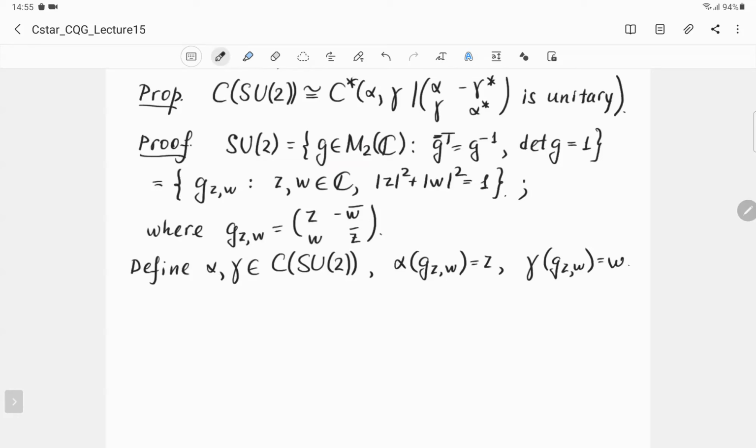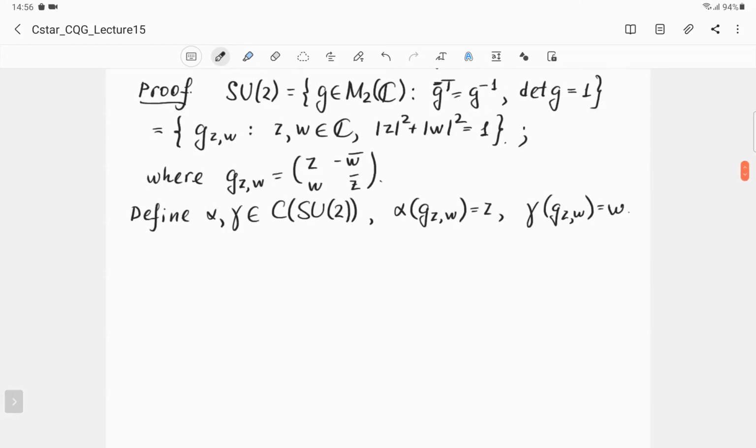Alpha takes the matrix G to the upper left corner Z, and similarly gamma takes G to W. Okay, so we can form the respective matrix. So U will be the matrix alpha, gamma, minus gamma star, and alpha star. So this is a 2 by 2 matrix over the algebra of continuous functions on SU2.